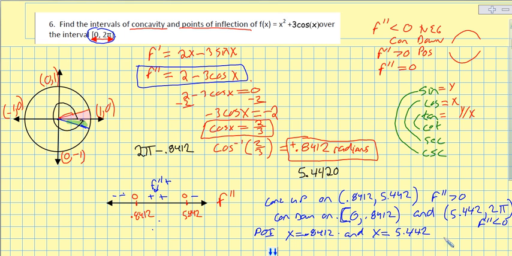And it's a point of inflection because the second derivative changes signs at those given locations, at those points. Sounds better? Okay, so hopefully this wasn't too scary of a problem.